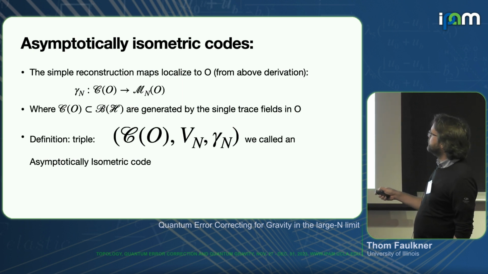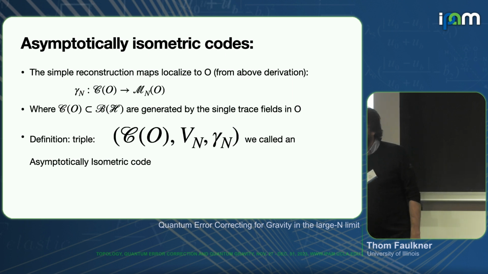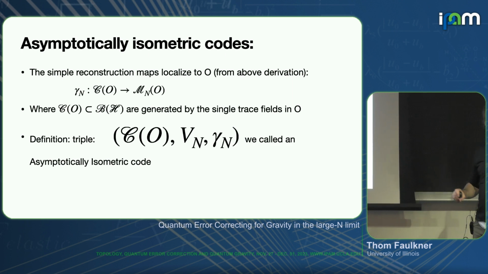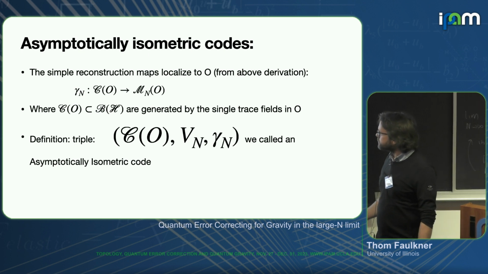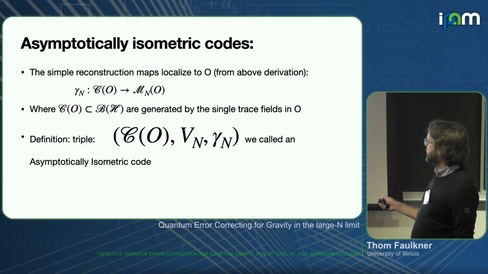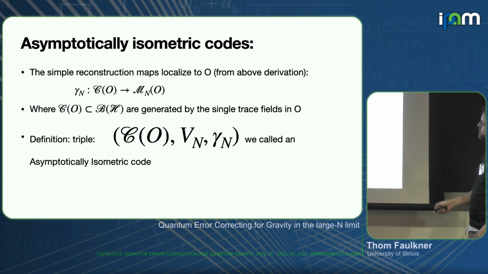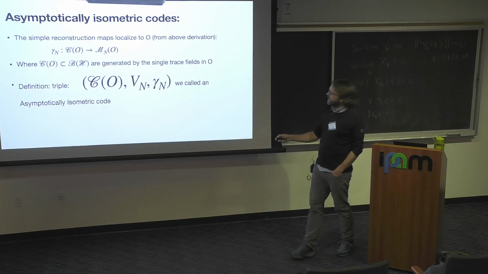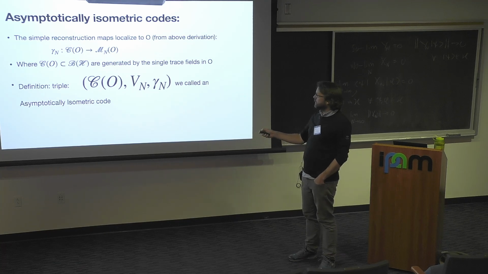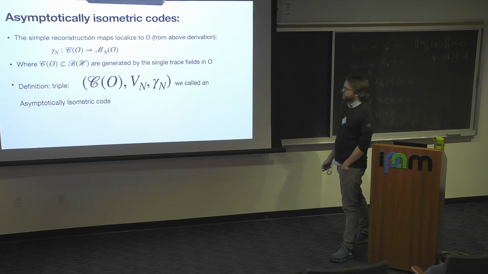There's some von Neumann algebra, and these gamma n's become maps from that to the boundary region Mn of O. So they respect locality. Together, what I've introduced is some code which has a lot of things going into it, but this is what we call an asymptotically isometric code. It's this encoding map along with these von Neumann algebras associated to boundary regions O and these simple reconstruction maps, gamma n.